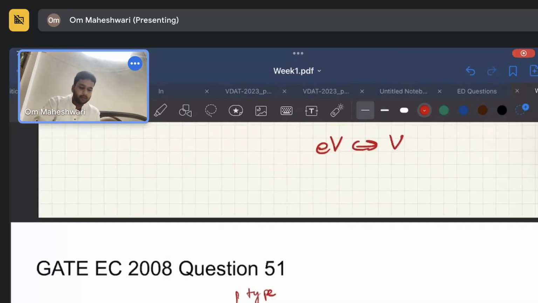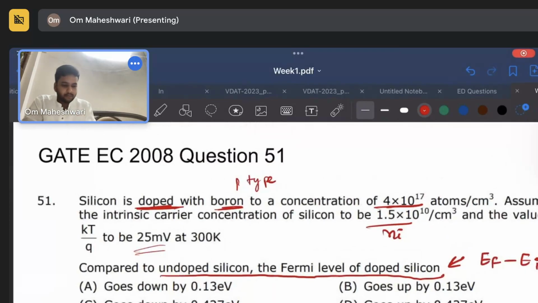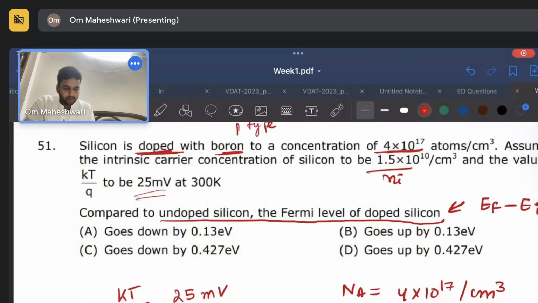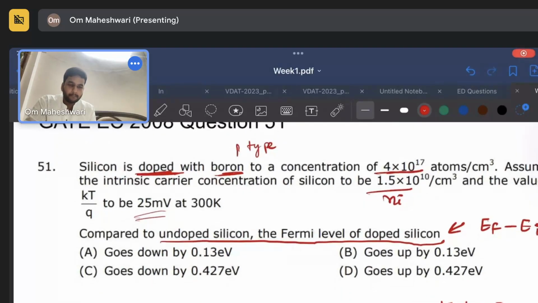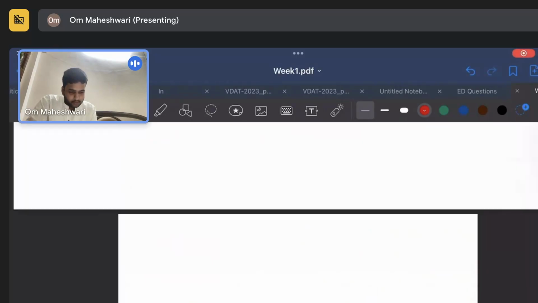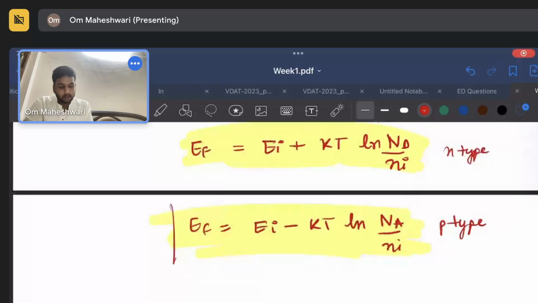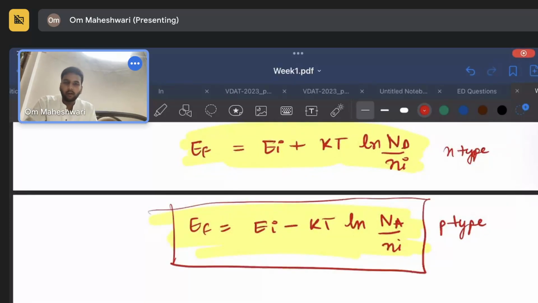Okay. So now solve this question. Very simple, very similar to the last one we solved. What we'd be using here is this relation for the doped semiconductor.